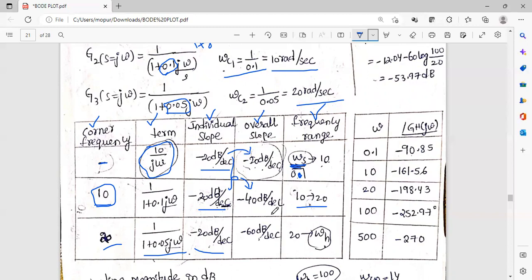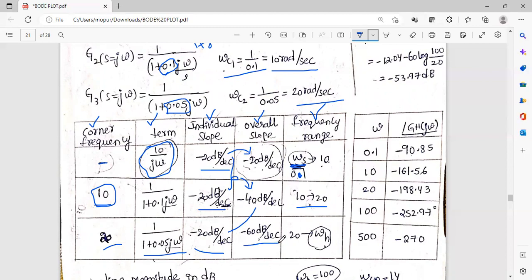Then after 20, now we will see the overall slope is the sum of all these three. That is, this minus 40 plus this minus 20. Why? Because this minus 40 already includes these two. So the overall slope is this sum, that is minus 60 dB per decade.